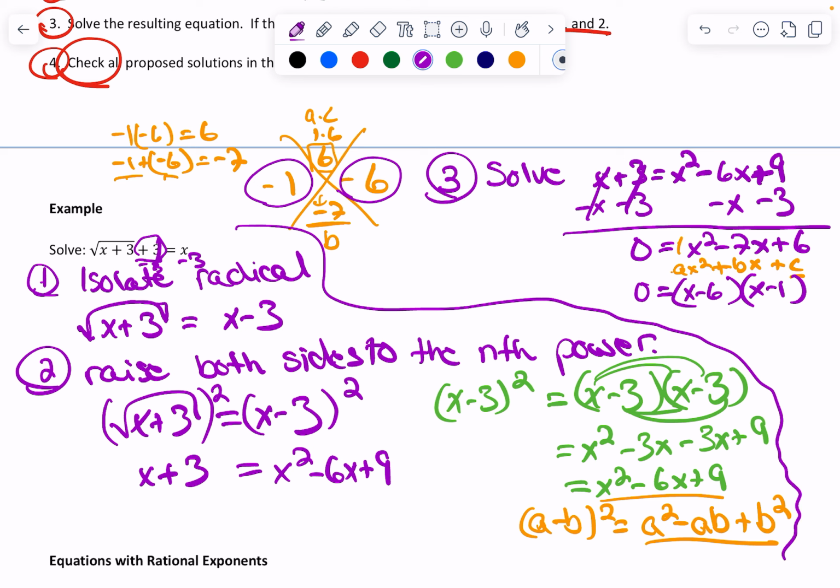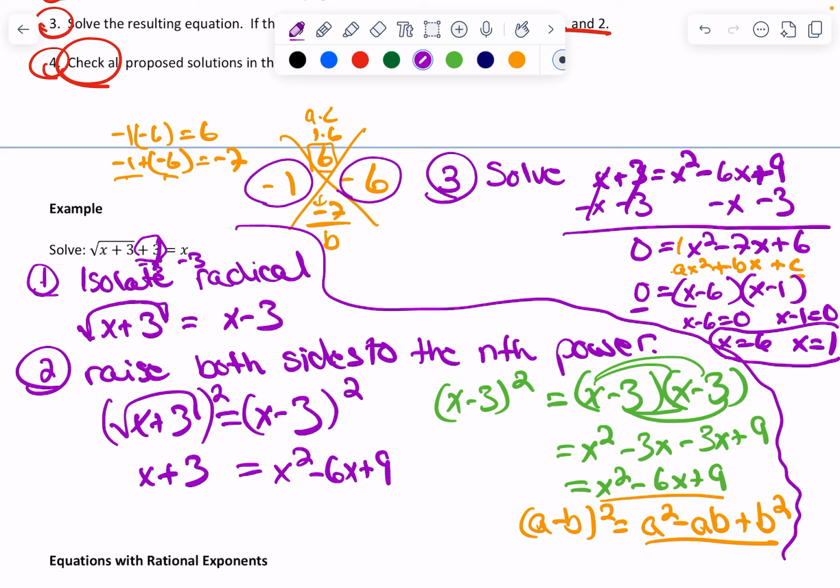Now, our next step is to set these equal to 0 because we have a 0 here. x minus 6 equals 0 and x minus 1 equals 0. So again, we're adding, so we get x equals 6 and x equals 1. So these are our solutions as of right now.